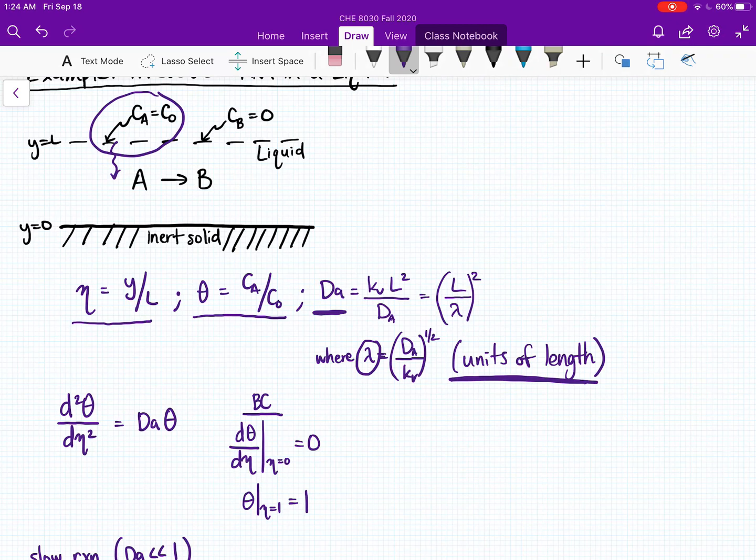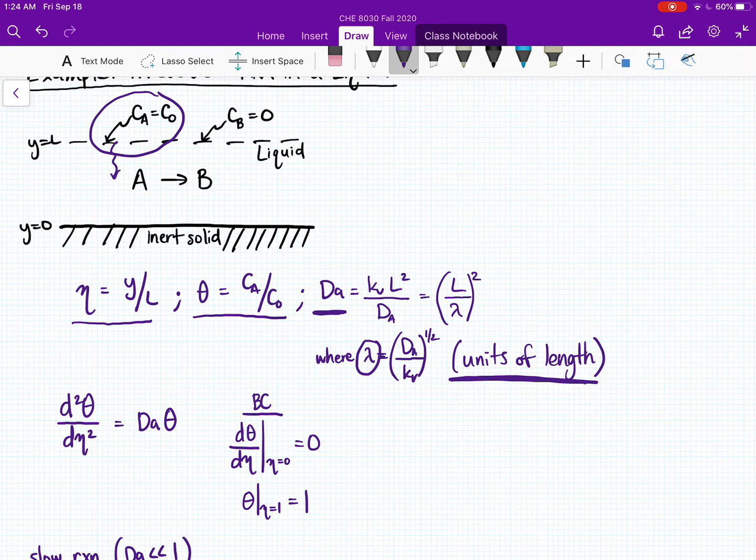And so for this particular problem, we are going to be talking about a dynamically interesting length scale. And then in further lectures, we will start working on problems related to dynamically interesting time scales.